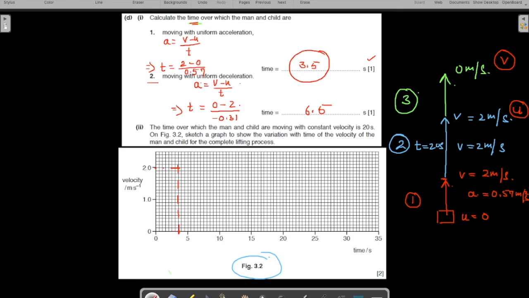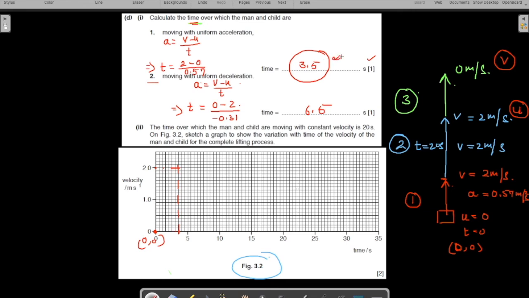Initial coordinate when you started the journey, time was 0, velocity was 0.